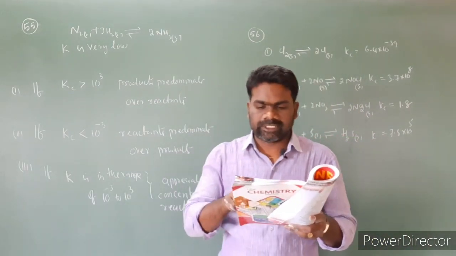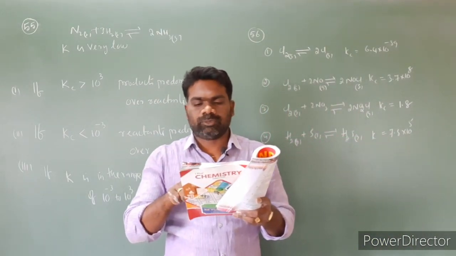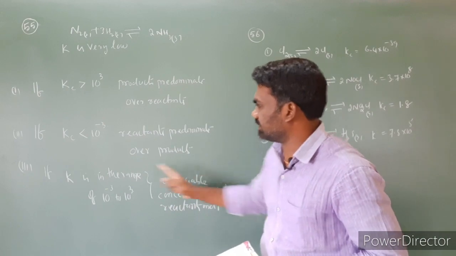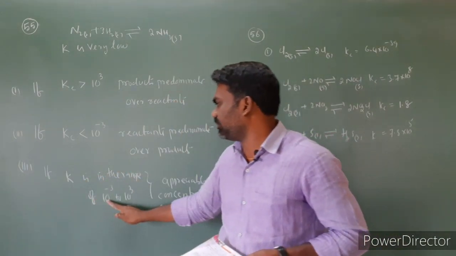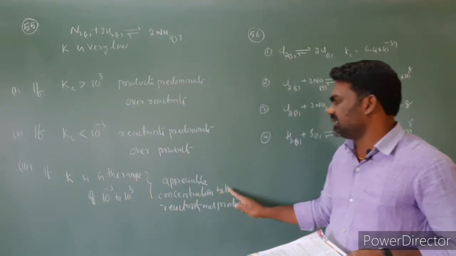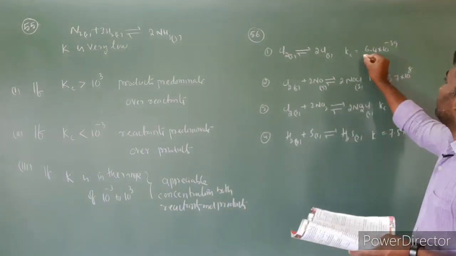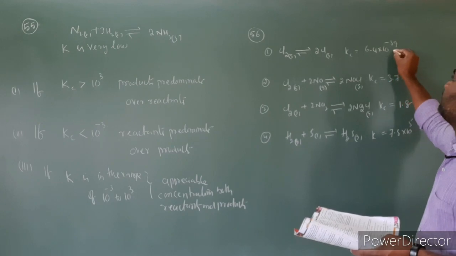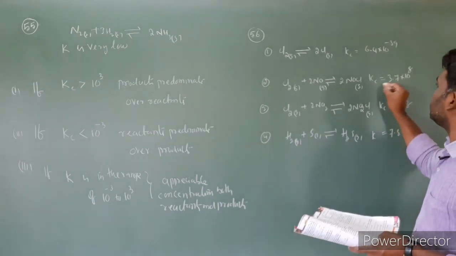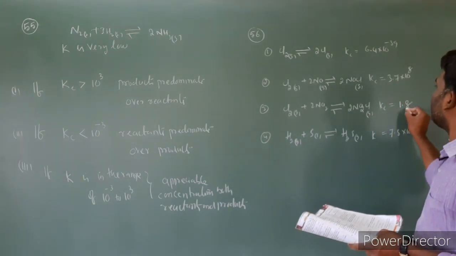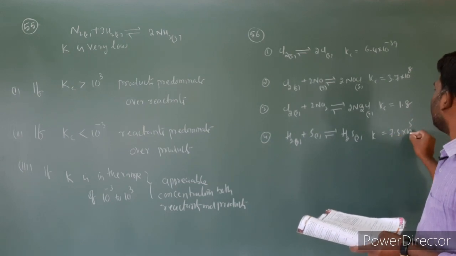Look at the 4 options for the appreciable concentration of both reactants and products. If K is in the range of 10 power minus 3 to 10 power 3, appreciable concentration of both reactants and products will be present. Here Kc is 6.4 into 10 power minus 39, here Kc is 3.7 into 10 power 8, and here Kc is 7.8 into 10 power 5.